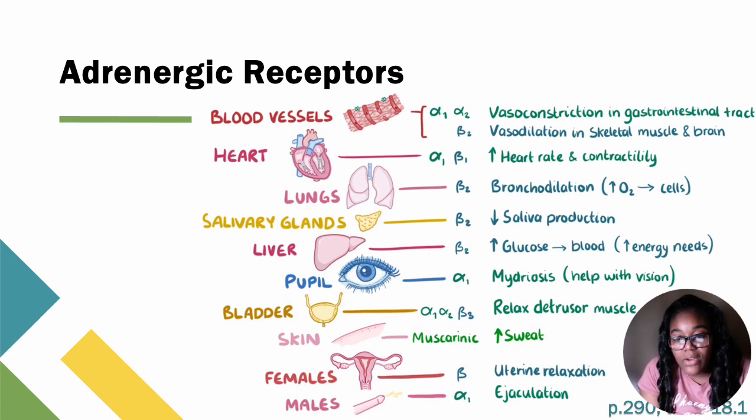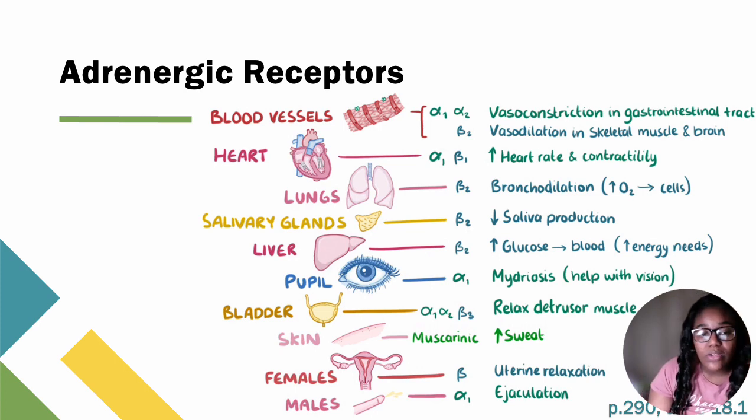You have an increase in bronchodilation and a decrease in saliva production, and also an increase in glucose because the body needs more energy. Again, that process is called glycogenolysis. So make sure you commit this slide to memory, or just make sure you review it, because it'll help you understand what these adrenergic receptors are doing and how they help the body stimulate the fight or flight response.